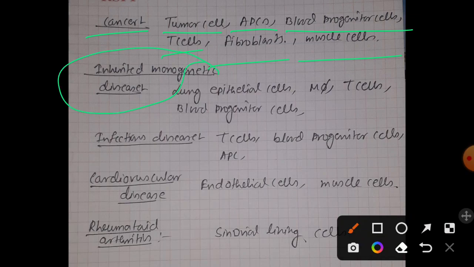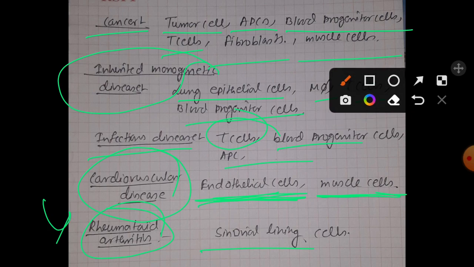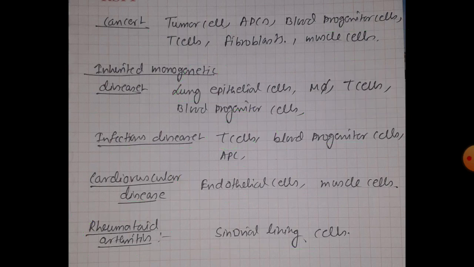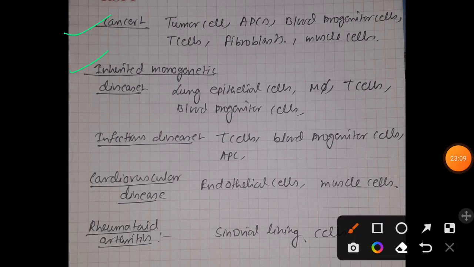In inherited monogenic disease, you should target lung epithelial cells, macrophages, T cells, blood progenitor cells. In infectious disease, you should target T cells, blood progenitor cells, APCs. In cardiovascular disease, you should target endothelial cells, muscle cells. And in rheumatoid arthritis, you should target synovial lining cells. So those are the various target cells depending on the disease the patient has developed. You should keep those cells in mind when performing gene therapy.